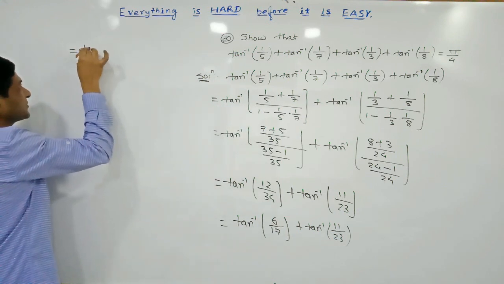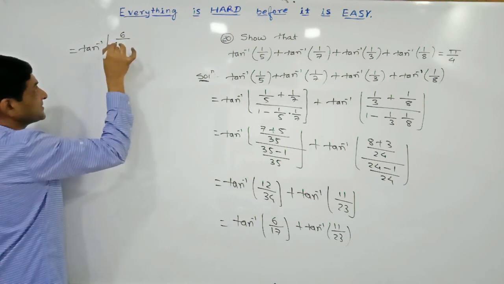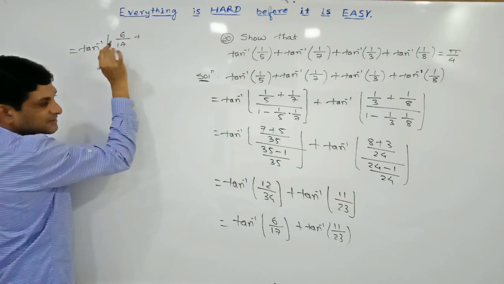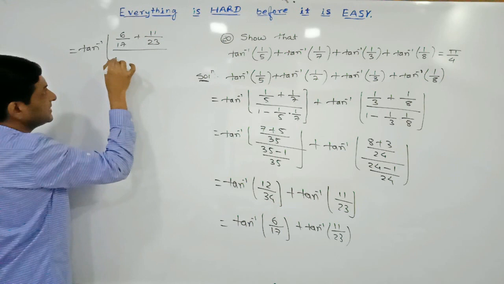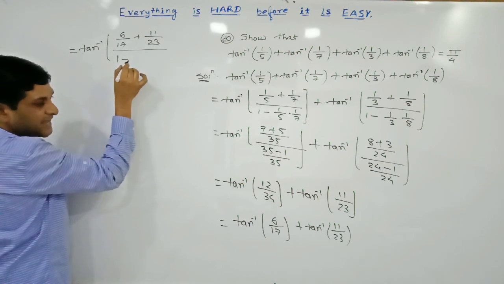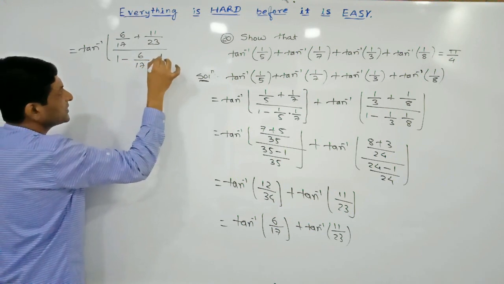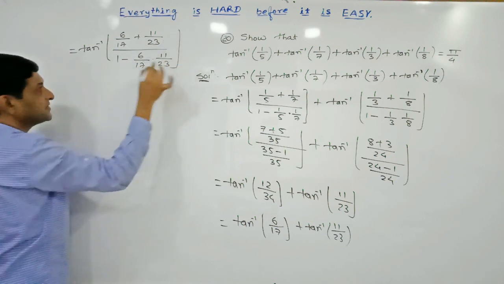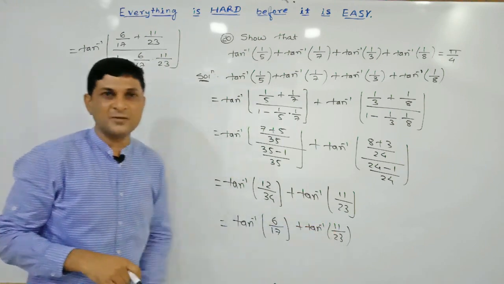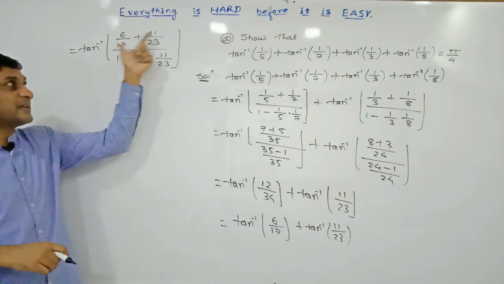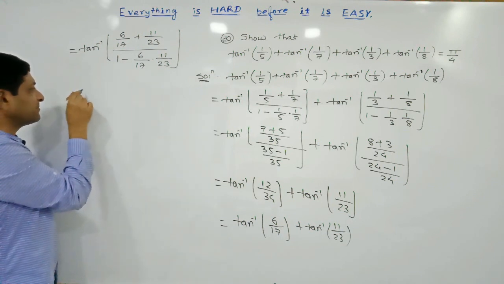So its value is tan inverse of x, which is 6 by 17, plus y, which is 11 upon 23, divided by 1 minus x into y, that is 6 upon 17 into 11 upon 23. We have just substituted the values in the property. The remaining part is just calculation.